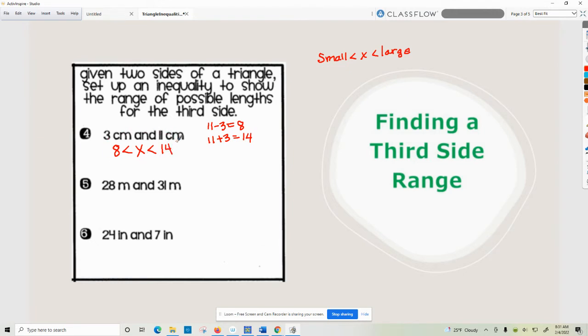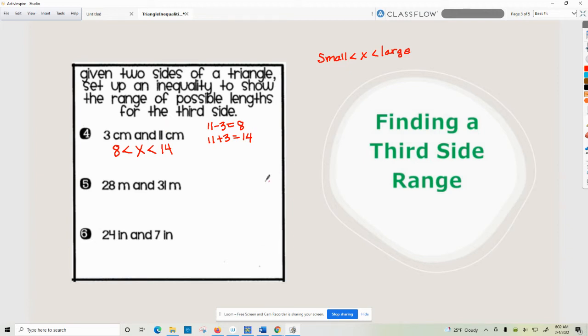So all this is saying is as long as I have a side length bigger than 8, but less than 14, I can make a triangle using these two sides and that third side. So that's really all that little inequality is telling me. It's giving me a range of values, a range of numbers that I can use to help me determine what can and what cannot make me a triangle.